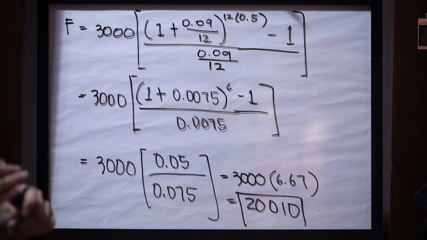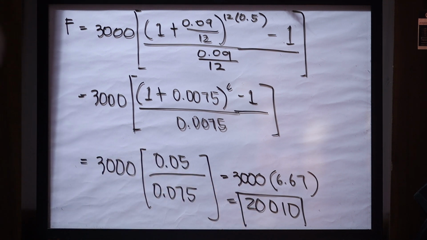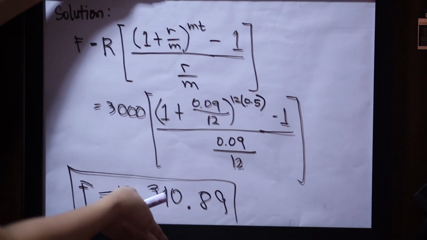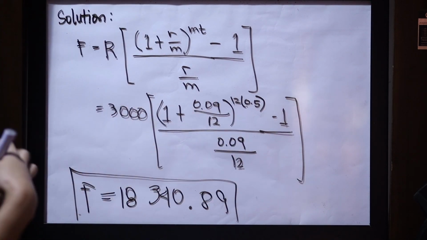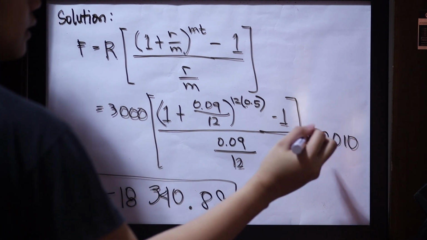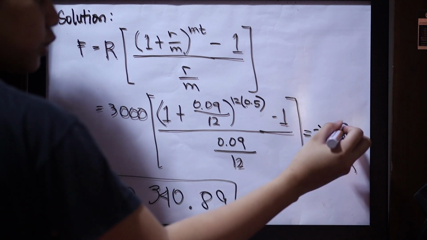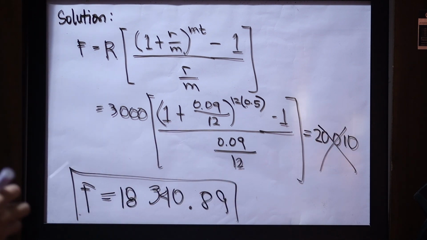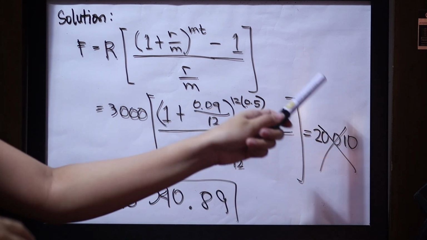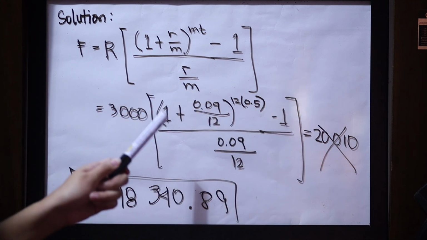Ang hindi ko lang matatanggap is if ang nilagay nyo 20,010 na answer, pero ganito lang yung solution nyo. Now, for example, this is your solution, tas nilagay nyo dyan 20,010. Tas wala ito. Yan lang yung naging sagot nyo. Mamalian ko to. Bakit ko mamalian yan? Kasi nga po, yung 20,010, it's not the answer if you will just do the direct solution.